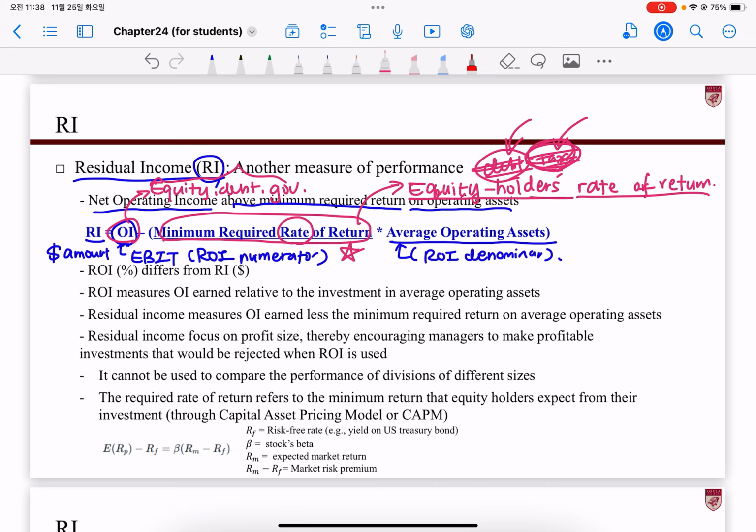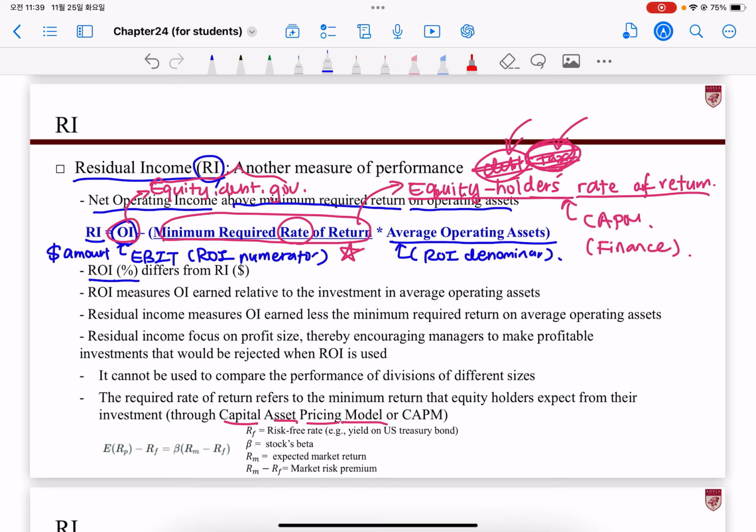Okay. We're going to talk about how we get the minimum equity holder rate of return, but it is basically based on what's called the CAPM, the capital asset pricing model, which you will learn from finance class. I'm going to talk about it a bit more roughly here. Okay, so let's look at one by one.